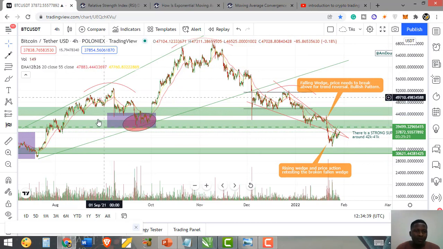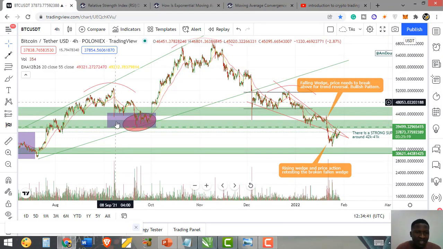Then whenever the EMA breaks below the red EMA, that's the 55 EMA, and the red EMA stays at the top while the yellow 20 EMA stays at the bottom, that shows a signal of a sell-off.